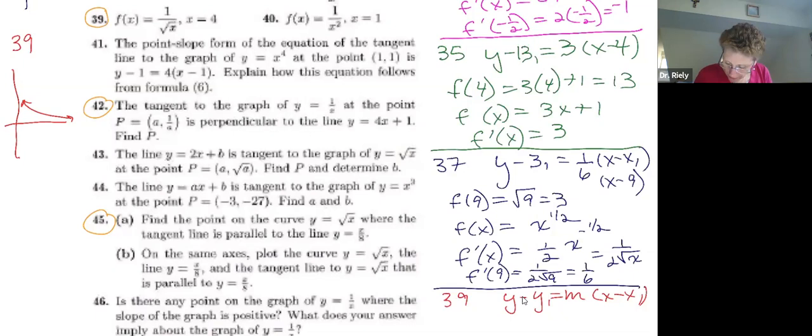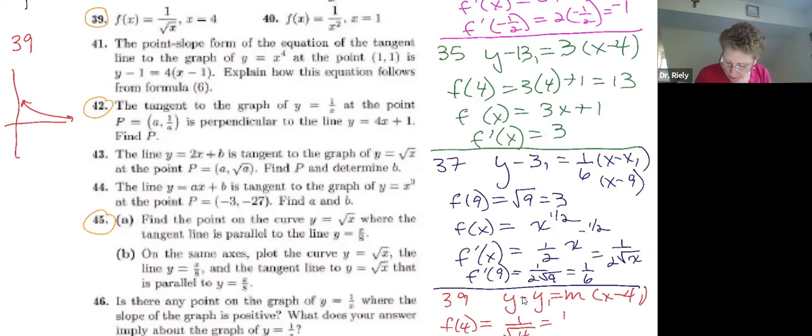I first want to figure out what my x value is. It is 4. I'm going to change that here, make that a 4. Then I'm going to figure out my y. So f of 4 is going to be 1 over radical 4. Do I need plus and minus?